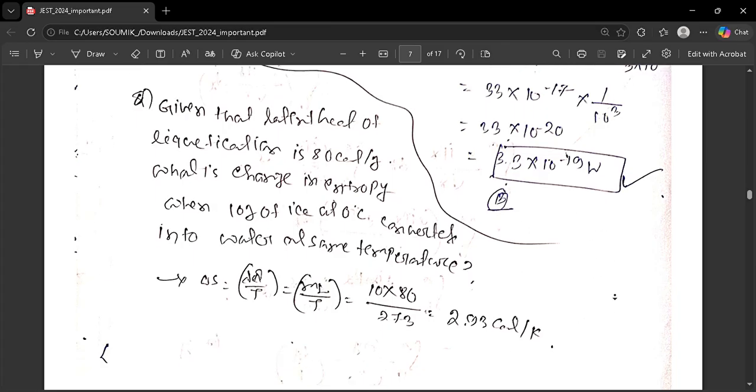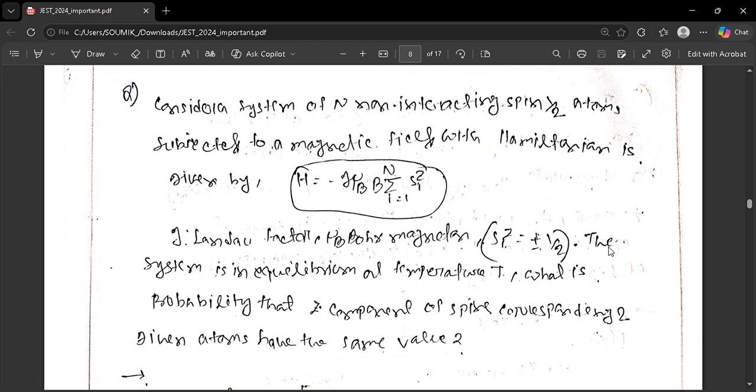Okay, then consider a system of N non-interacting spin-half atoms subject to a magnetic field, with Hamiltonian given by this. g is the Landé factor, mu B is the Bohr magneton. The system is in equilibrium at temperature T. What is the probability that the z component of the spin corresponding to given atoms have the same value?